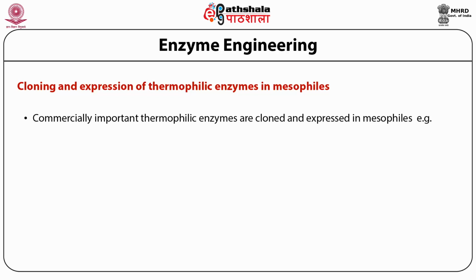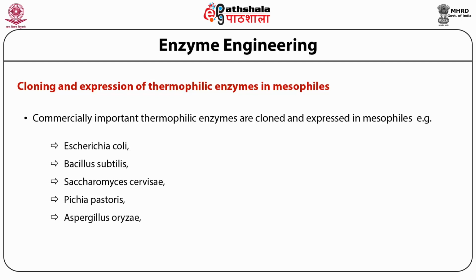So there is a range of mesophilic hosts, for example, E. coli, Bacillus subtilis, Saccharomyces cerevisiae, Pichia pastoris, Aspergillus oryzae, K. lactis, and Trichoderma reesei. Now, these are the mesophilic hosts which are generally used for the production of these enzymes. And let us take the example of an alpha amylase.